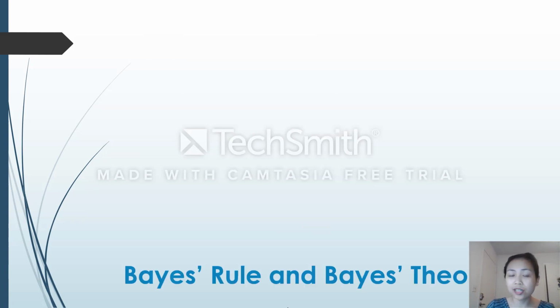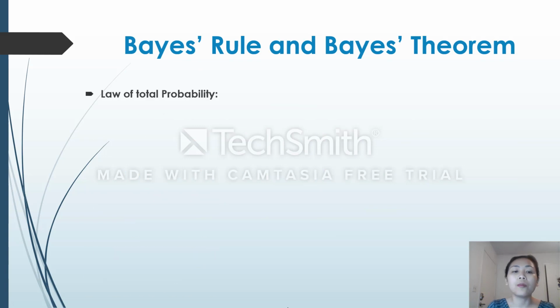Now we go to Bayes' rule and Bayes' theorem. First, I would like to introduce the law of total probability. Probability of an event A is probability of event A and B plus probability of event A and B prime. Don't forget that B prime is the complement of event B. Think about this just like A is the group of boys, B is the group of people who like pink color, and B prime is the group of people who don't like pink color.